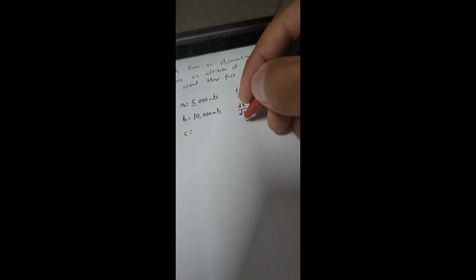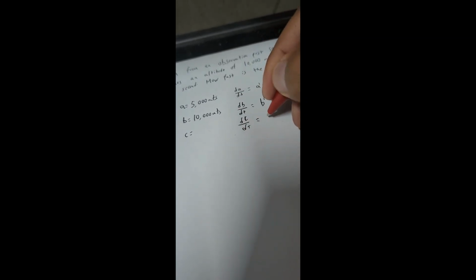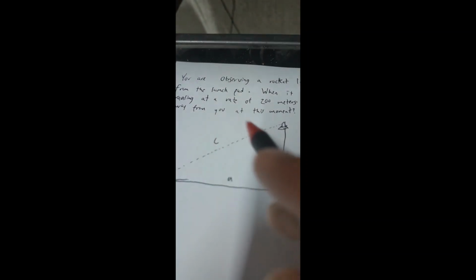So the rate of change of C is what we are trying to find. This is the question: how fast is the rocket moving away from you at this moment? This is what we need to find, the rate of C, this hypotenuse.